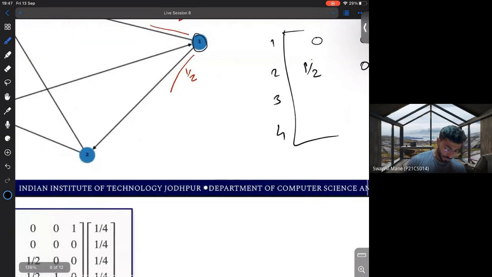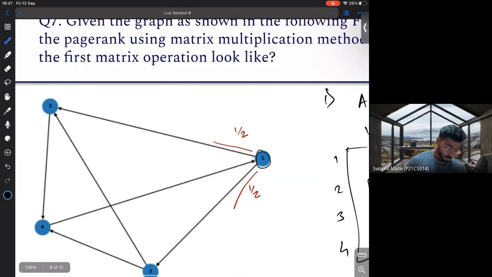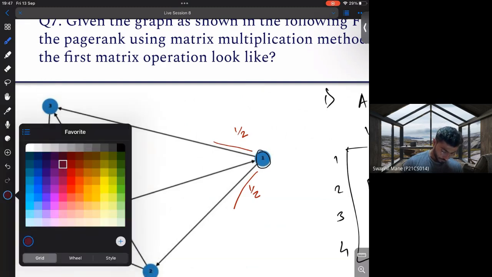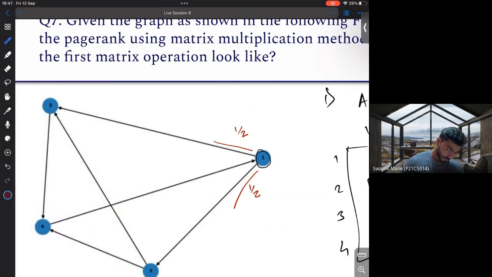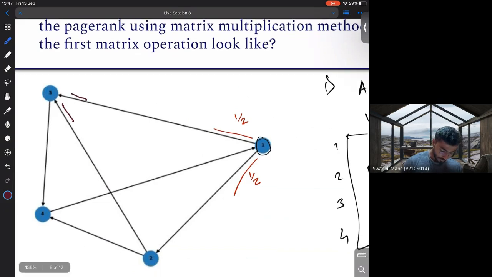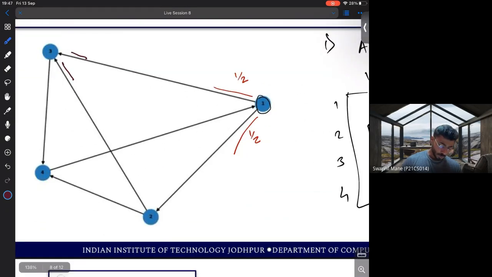Let's move to node number 3. Node number 3 has two incoming edges, one from node number 1 and one from node number 2. You can see node number 2 also has two outgoing edges, meaning its value is equally distributed between the two nodes, one half each.